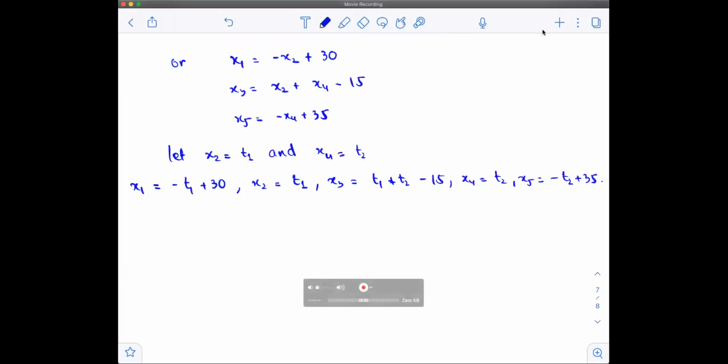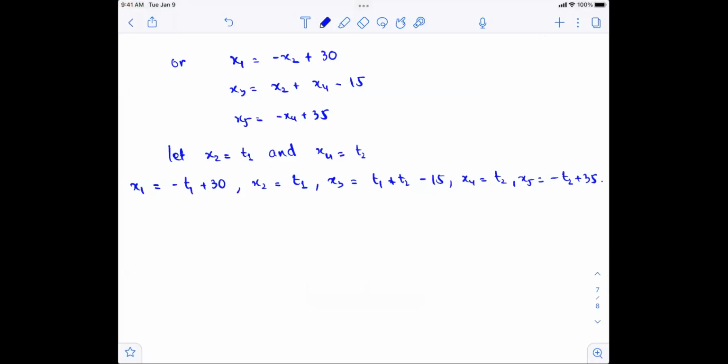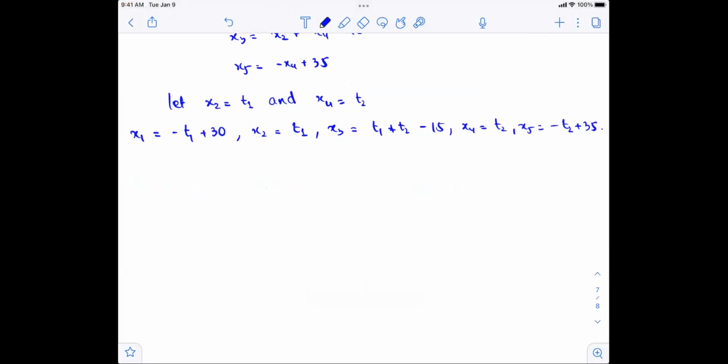All right. So to make the analysis more realistic, we need to come up with a constraint for t1 and t2. In this particular case, you can say that t1 has to be less than or equal to 30. Otherwise, if you have a negative number, it's not going to work.